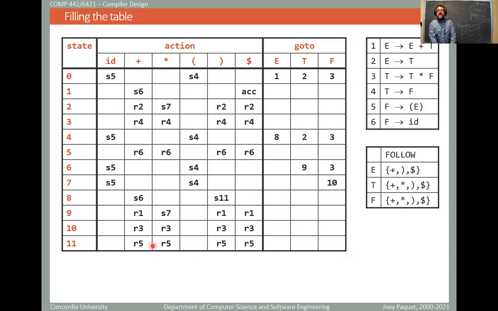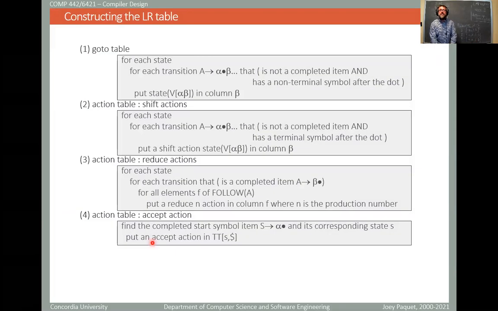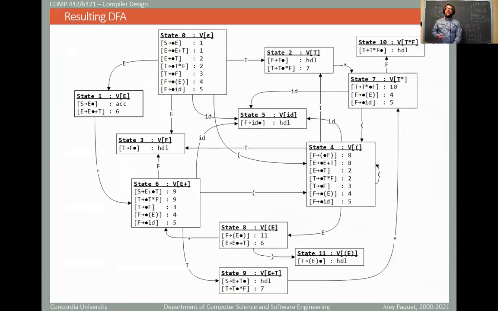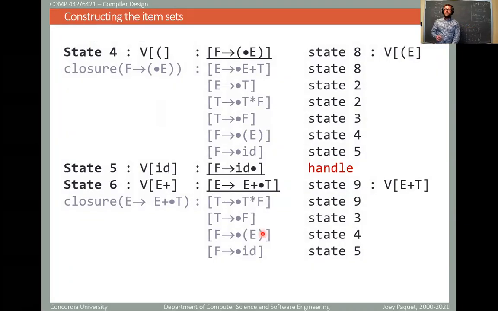And the last but not least, probably you might say the most important, the accept action. So there you're trying to find a completed item that actually is the completed item of the rule that defines the starting symbol. So which one is it? Completed item with an S as the left-hand side.